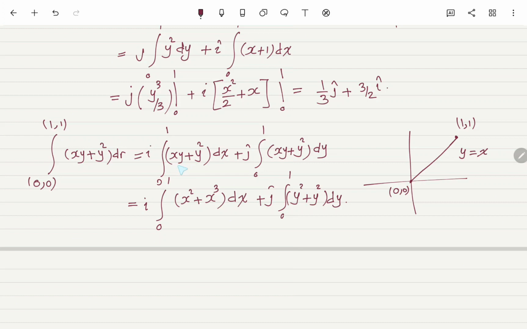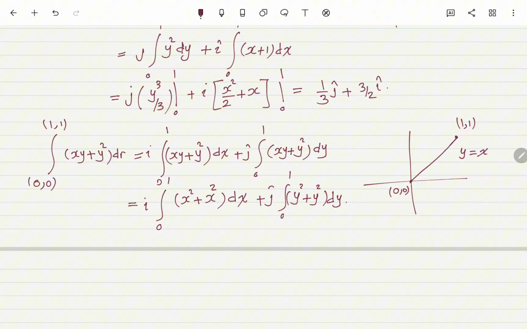For that reason, we got here x squared, and rather than using y squared, we just used x squared dx. And the same thing in this one here, rather than using x, we used y, so it's y squared plus y squared dy.